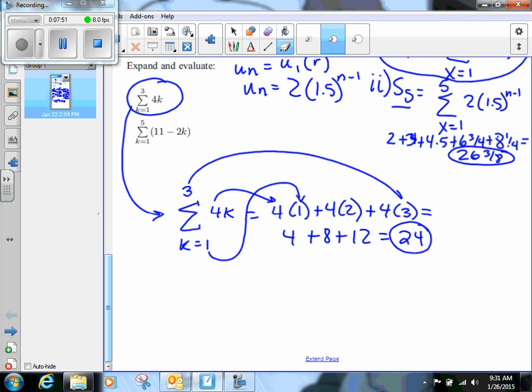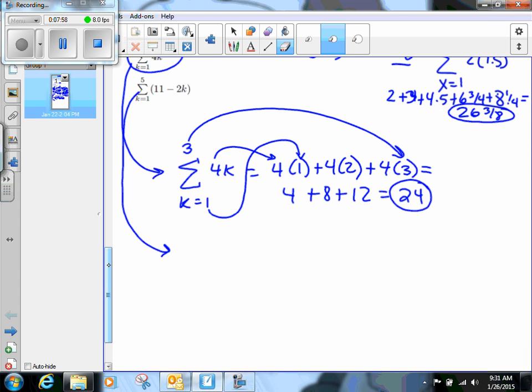Now in this second example, we have our sigma notation, and so this one is saying that k equals 1, so starting with the first term, going up to the 5th term, but now the rule is to do 11 minus 2 times the term. So now we're doing 11 minus 2 times 1, plus 11 minus 2 times 2, and then all the way up to the 5th term.